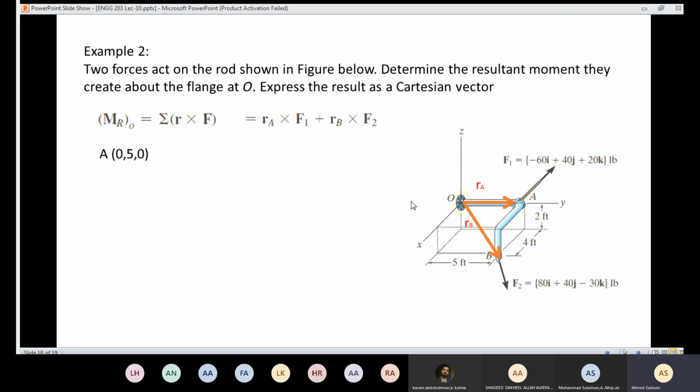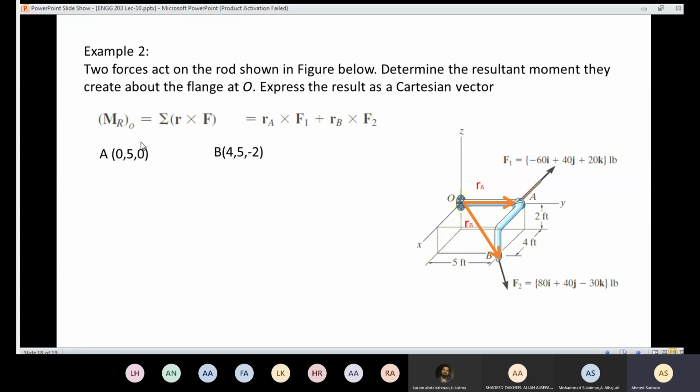The coordinate of A is going to be 0 in X, 5 in Y, and 0 in Z. Regarding B, you are going to move in the X. The X is going to be 4, the Y is going to be 5, and the Z is going to be -2. So I'm going to have 4, 5, -2. Then since the vector is from the origin, RA is going to be 0i plus 5j plus 0k.